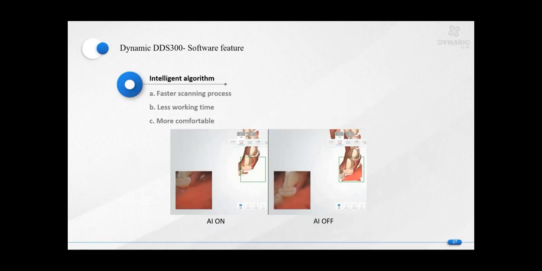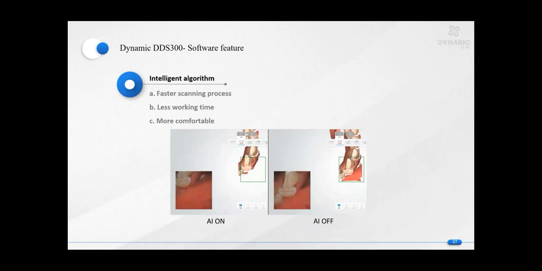When we use an intraoral scanner in the patient's diagnosis and treatment, some redundant data will inevitably be scanned, such as the operator's gloves, the dental mirrors, and even the patient's tongue.